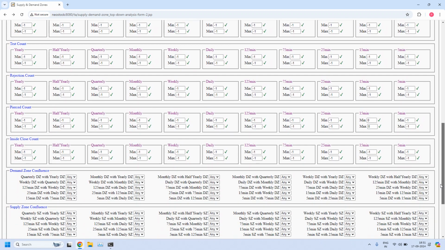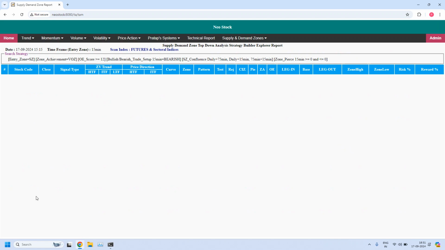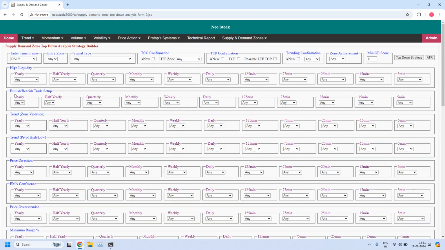In the supply zone confluence, already 15 minutes and 75 is enabled. Now I am enabling 15 minute supply zone with daily supply zone, and 75 minute supply zone and daily supply zone. Out of the three, how many will filter? No. Now none of the stocks are having LTF, ITF, HTF confluence in the bearish trade setup for daily income trade. So the next set of reports are about hourly income trade.